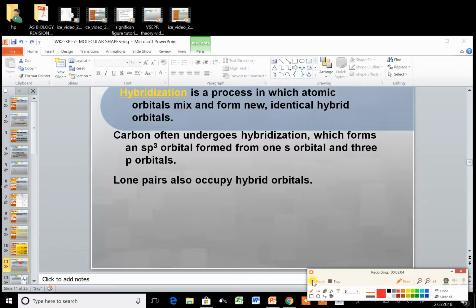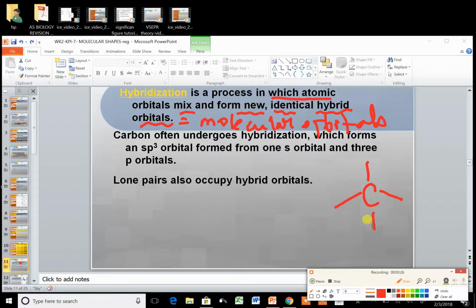Hybridization means the process in which atomic orbitals mix to form new identical hybrid orbitals. We call them molecular orbitals. In the case of the methane molecule, carbon undergoes hybridization and forms 4 orbitals.